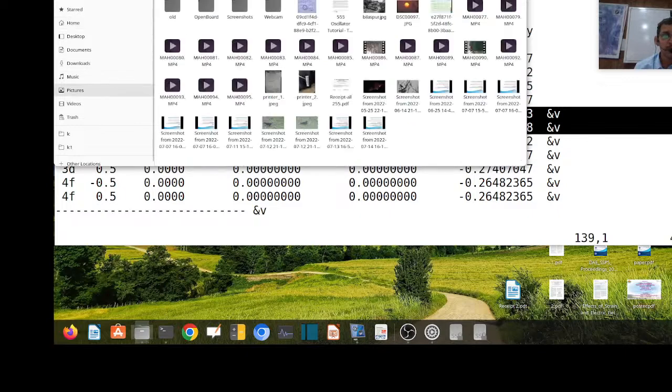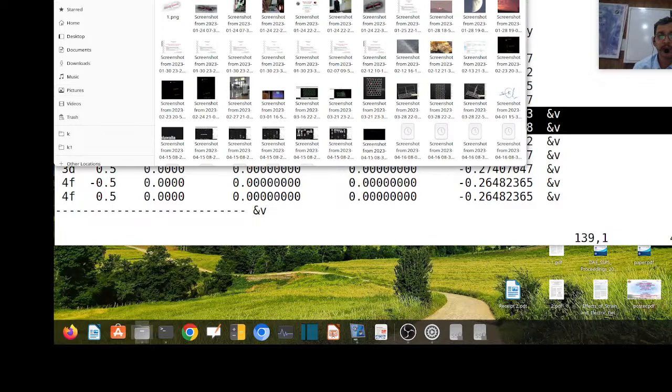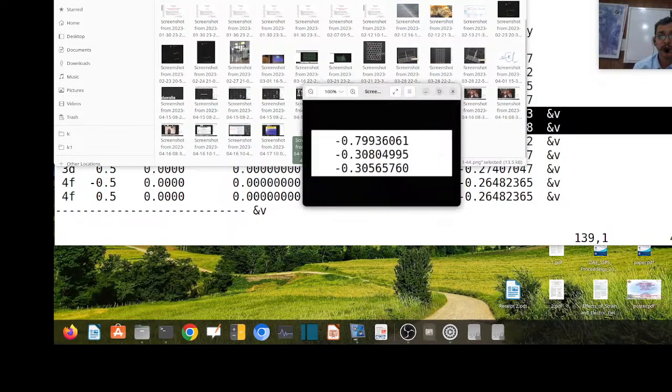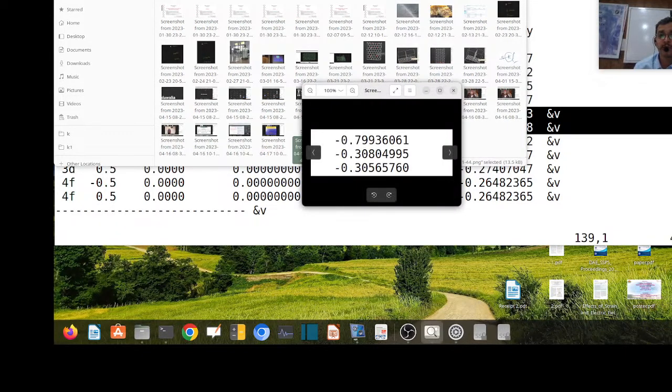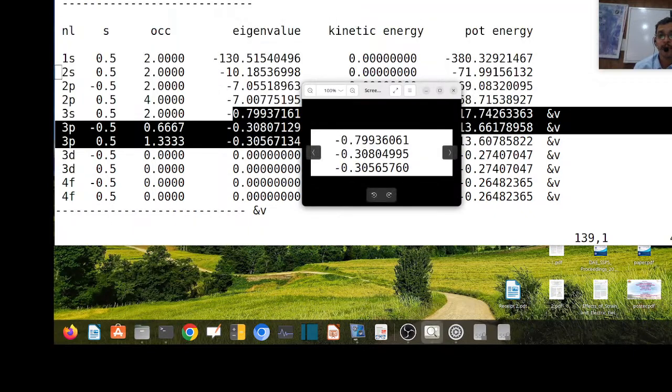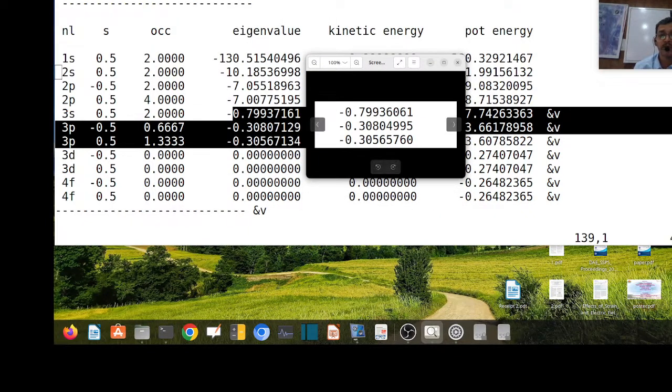Let me go to the pictures, and I have taken a screenshot. Yeah, it's in the screenshot probably. No, yeah, it was there. Just see the difference. They are almost matching.